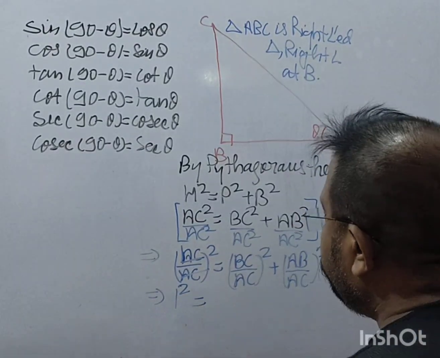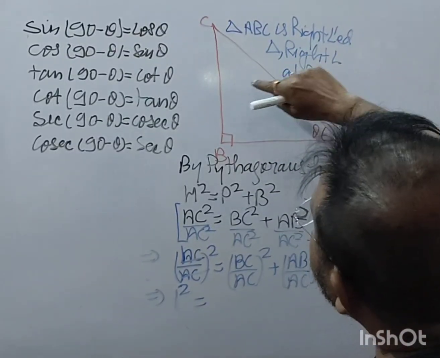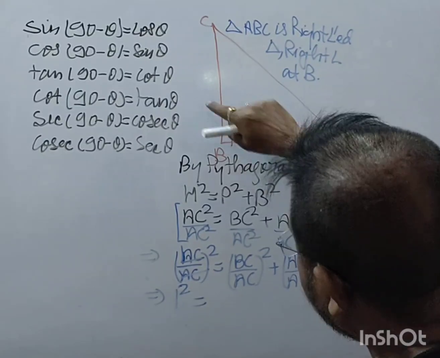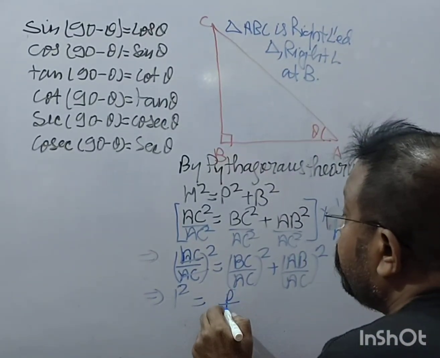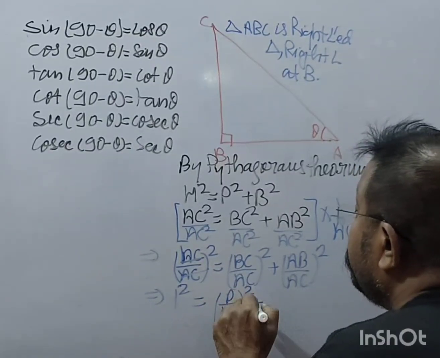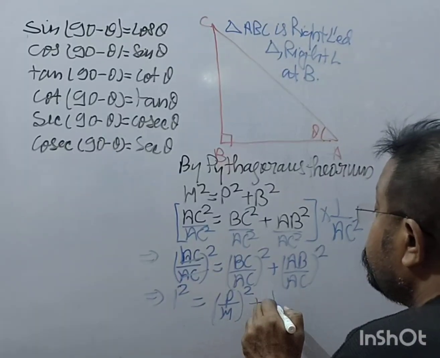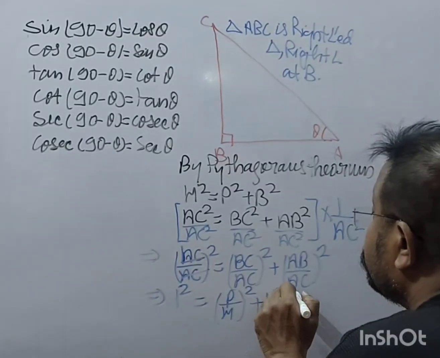Here BC upon AC, what will it be? Perpendicular upon hypotenuse whole square plus AB upon AC, so base upon hypotenuse whole square.